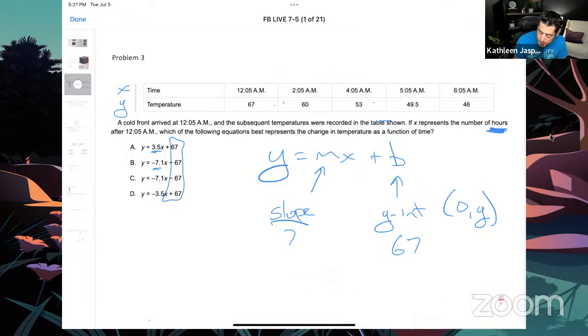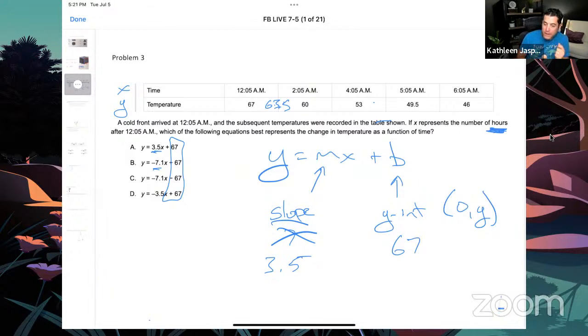And because of that, you just have to be careful that there was one here. So this would be 67 and 60. We'll cut that in half and it should be 3.5. So let me just see, 67 minus 3.5 would be 63.5 here. Then that gives you the 60, and then it goes on and on. So this is not a slope of 7, it's a slope of 3.5.